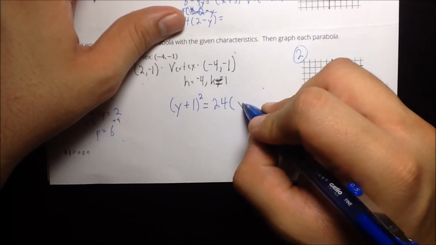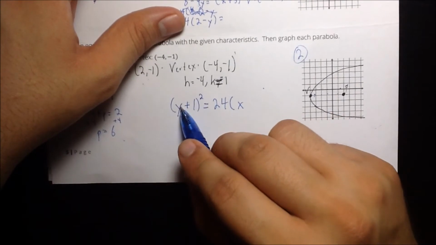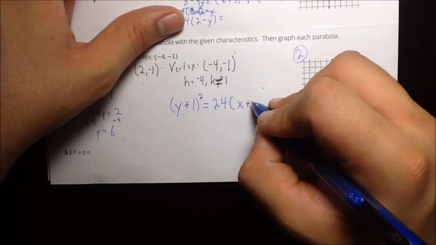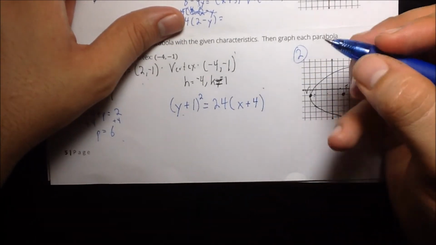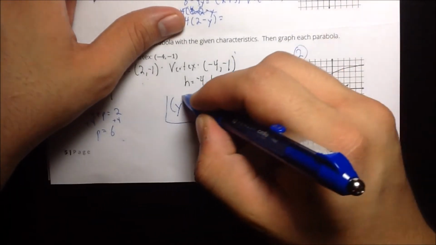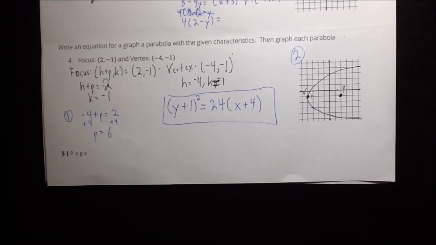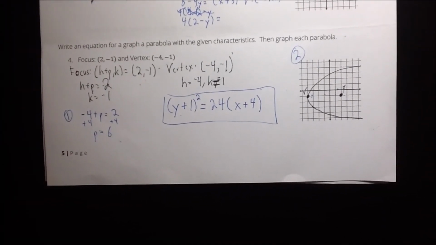And then, of course, the right side is going to have the x because the y is over here. So that's going to be x minus negative 4, so x plus 4. And so that is our answer because we were asked to write the equation. It's nice we've already graphed it out so we don't have to worry about that.